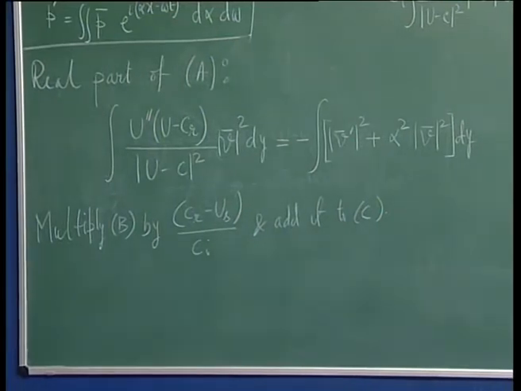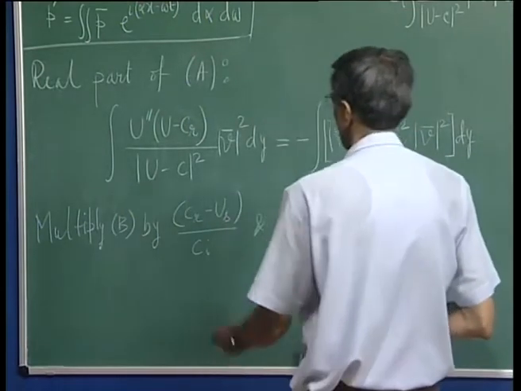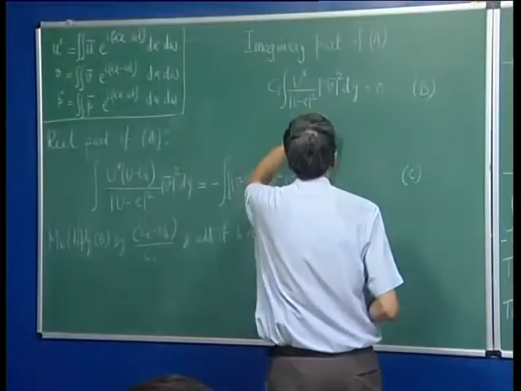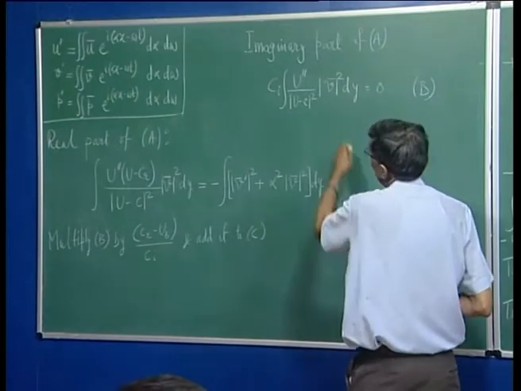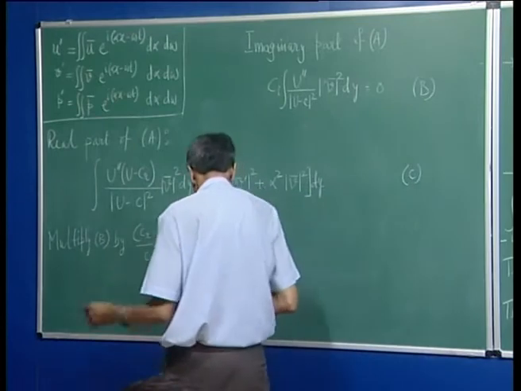What we get is the following. See, whenever I multiply this quantity, whatever will happen to C will happen only on the left hand side, nothing will happen on the right hand side. So, the right hand side remains the same.